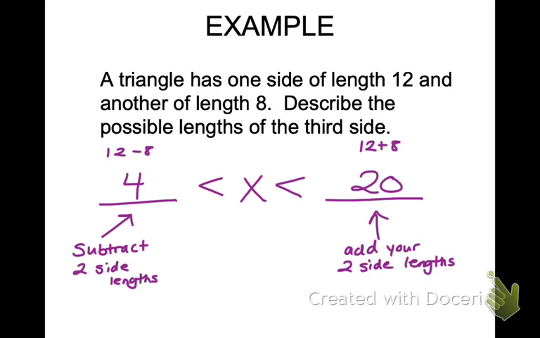So 5 would work. 11 would work. 17 would work. Okay? So, if you're asked to describe possible lengths, it's the compound inequality from 4 to 20, not including those two numbers. All right, so that's one scenario of a problem.